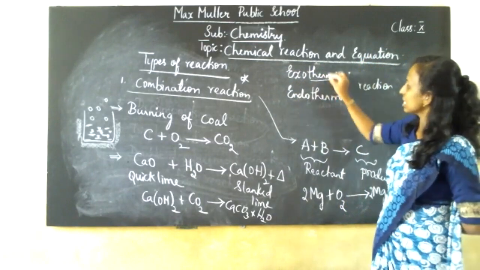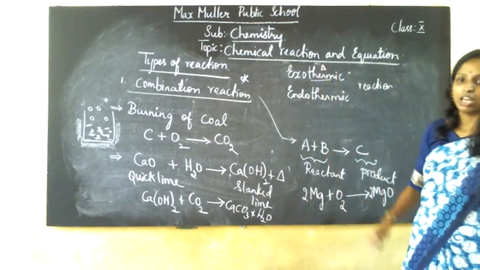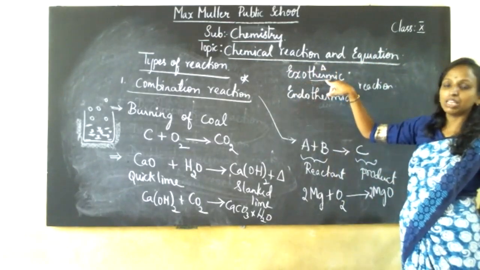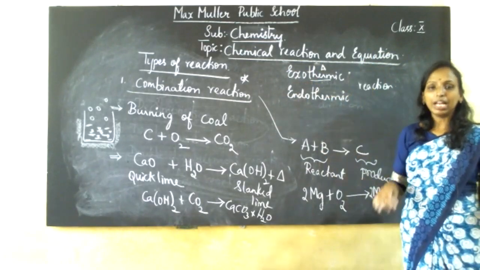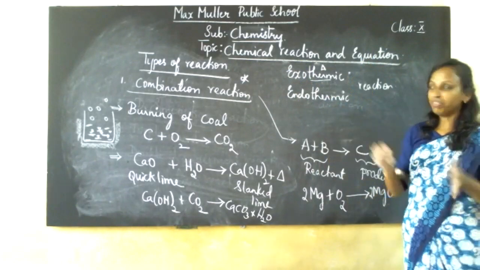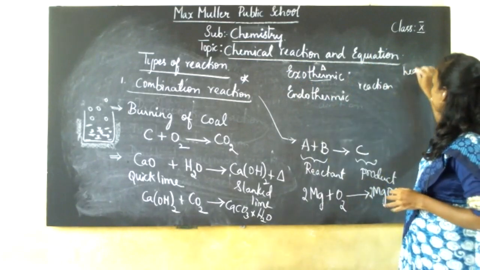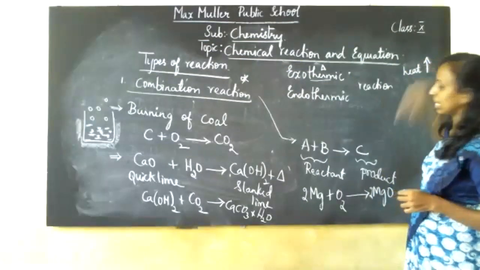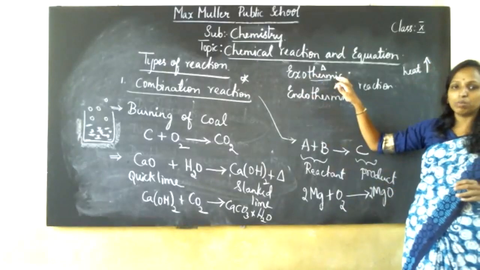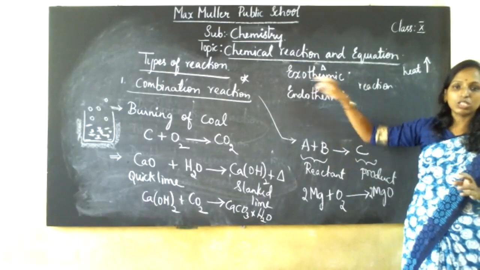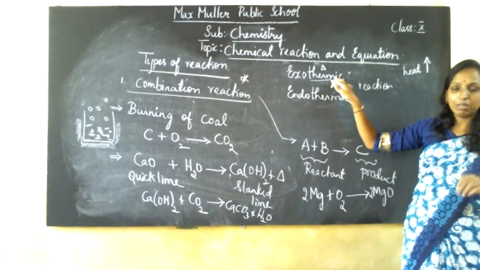Exothermic, thermic is nothing but heat, children. Exothermic, thermal is nothing but heat. So what happens is, in any chemical reaction, if heat is liberated out of it, that type of equation is called an exothermic reaction. Exo means giving out, or liberation.